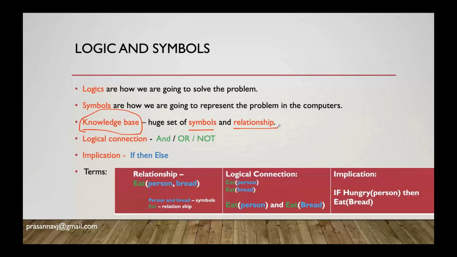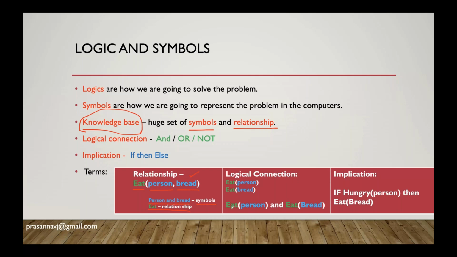Okay, so let's look at an example. Here, a person eats a bread. The person and bread are represented as symbols, and eat is represented as a relationship. This is a relationship representation. Similarly, you have logical connections.